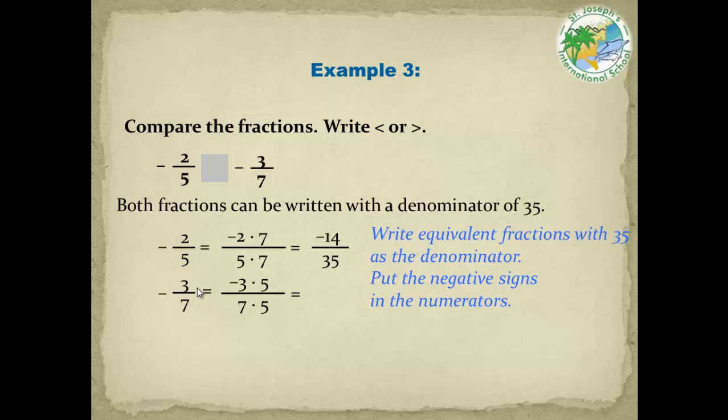Then -3 times 5 over 7 times 5 equals -15/35. Now we can compare between them. -14/35 is more than -15/35. This is an integer, negative numbers. Now, -2/5 is more than -3/7.